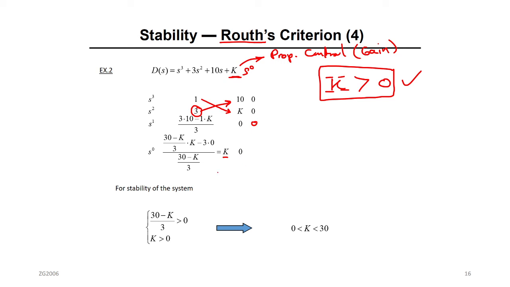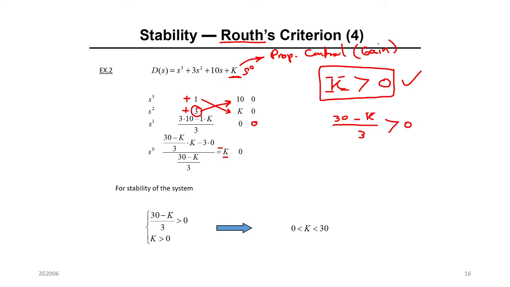Okay. This is the Routh array, we call it. Now for stability analysis, we will check the first column. Remember, for the system to be stable, there must be no sign change in this column. What does that mean? This is positive, so this one must be positive. So 30 minus K, divided by 3, must be positive, right?